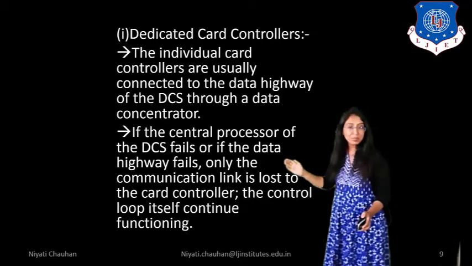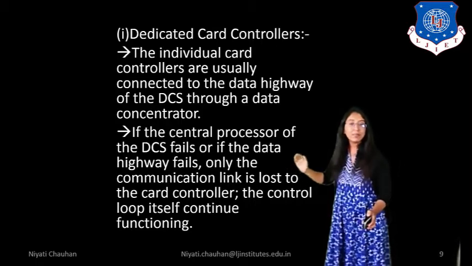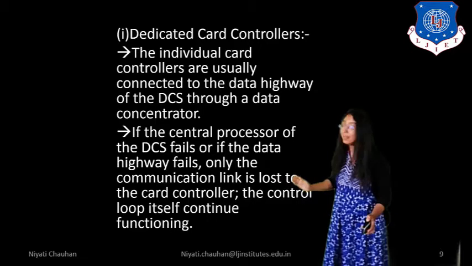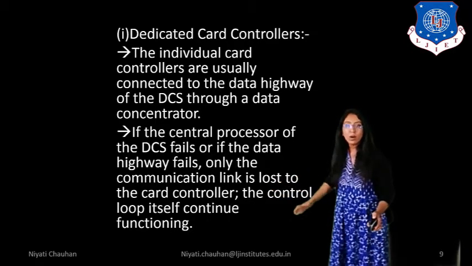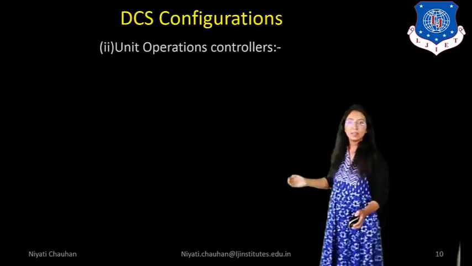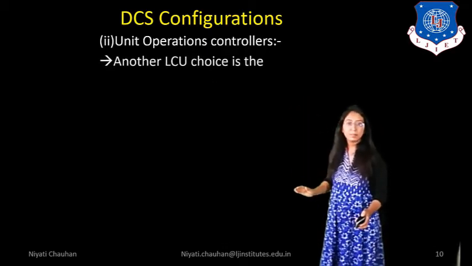If the central processor of the DCS fails or if the data highway fails, only the communication link to the card controller is lost. The control loop itself continues functioning. Number 2, unit operations controllers.